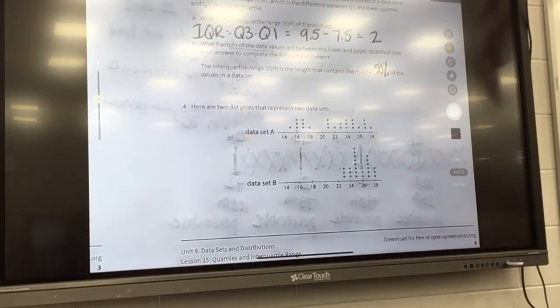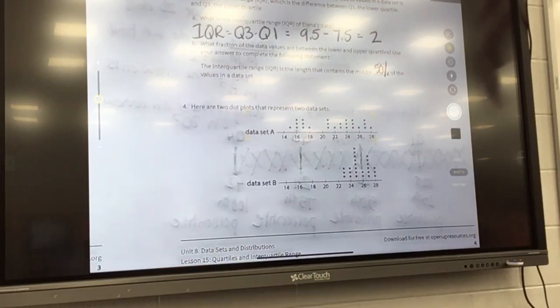Why? Miko, why did you pick B? What do you notice about the data, Miko? Is it closer together? Is it spread out? It's closer together, right?